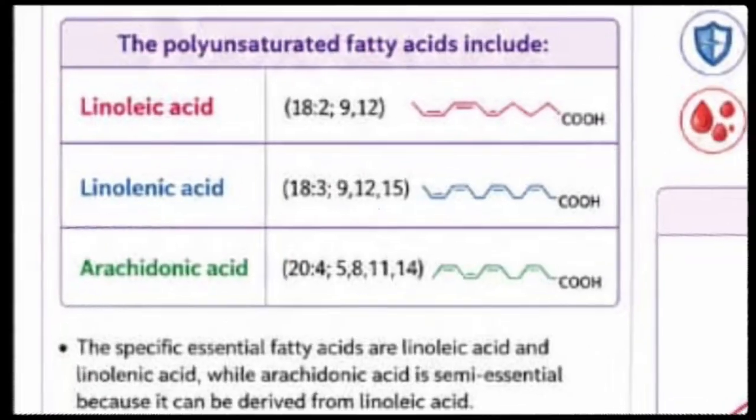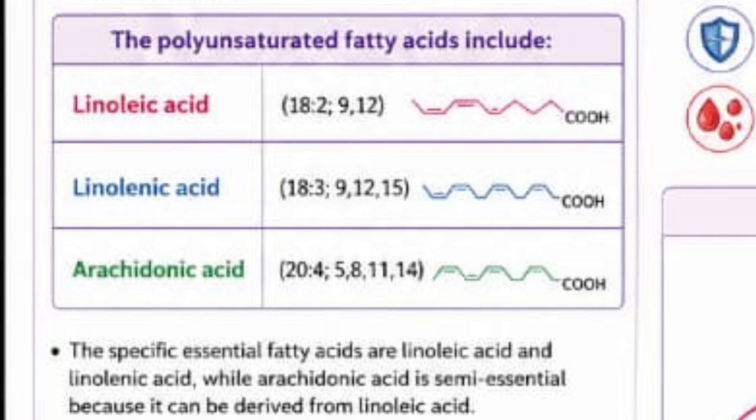For example, you have linoleic acid, which is 18 carbon. Linoleic acid is 18 carbon with 2 double bonds in positions 9 and 12, and it also has a carboxylic group, COOH, at the end of its carbon chain. Then you have linolenic acid, which is also 18 carbon, but it has 3 double bonds in positions 9, 12, and 15.